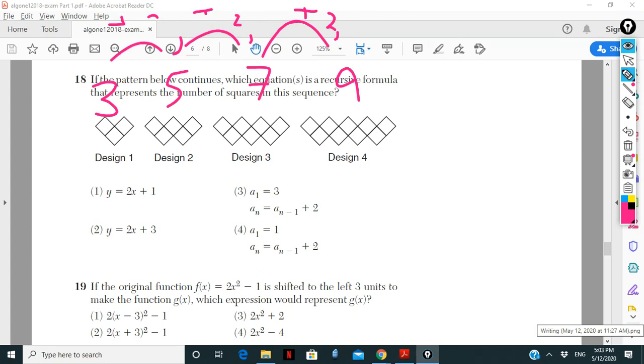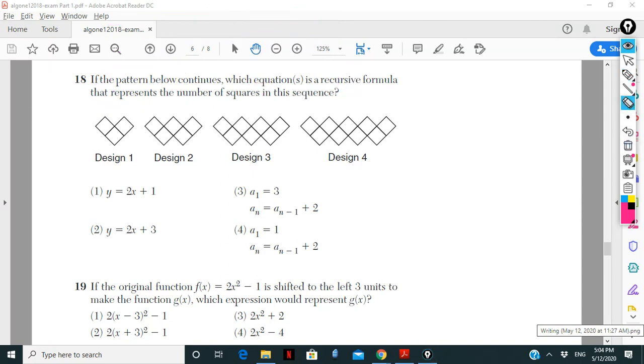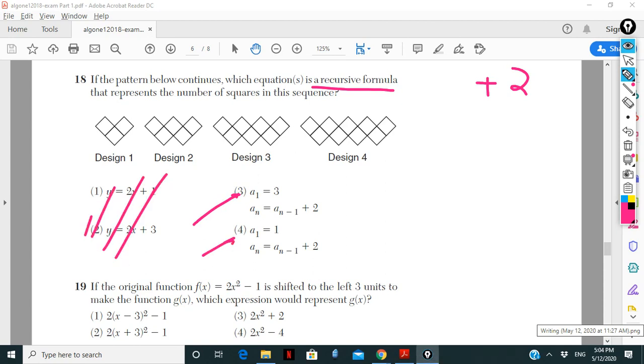Now I know it's by adding 2. And to be recursive, I should have the first term and the formula. So this one is incorrect. The first term here was 3, so the answer is 3. So question 18 is 3.